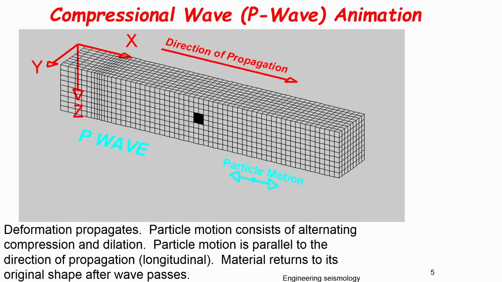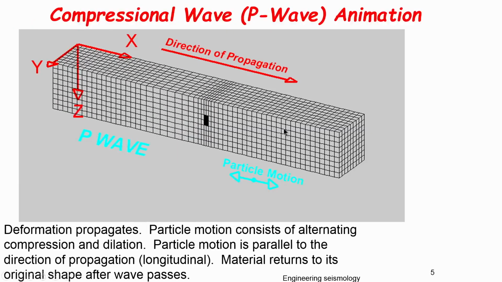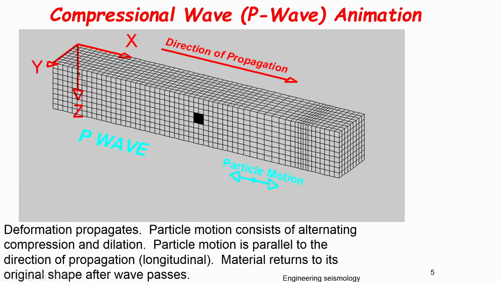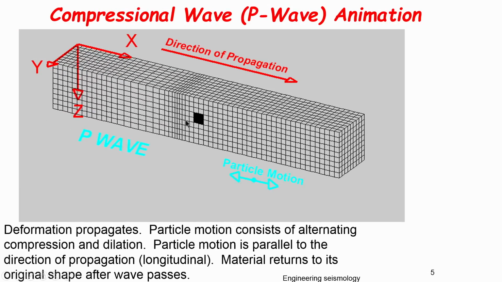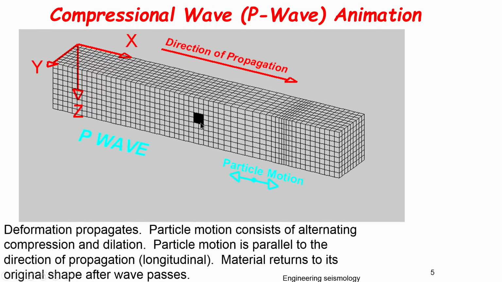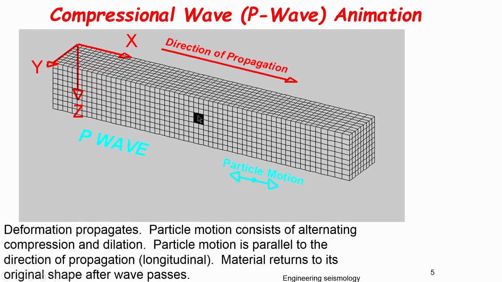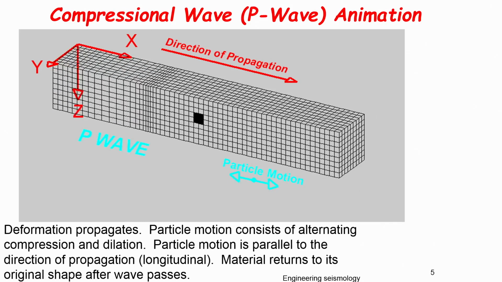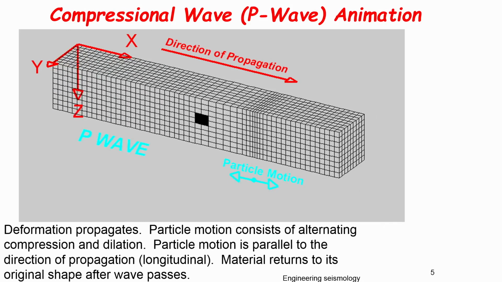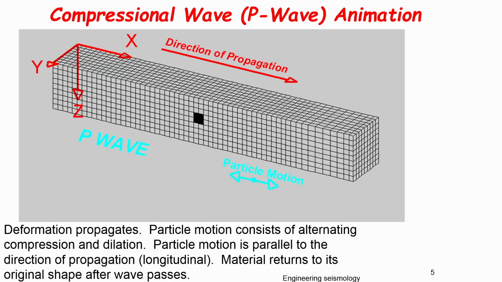You can see the medium very clearly; the waves are created by rupturing, then they travel. Take this particle as a reference: during the wave it compresses and elongates in the direction of propagation of the wave. That wave is called a compressional wave, our primary wave, called the P wave.